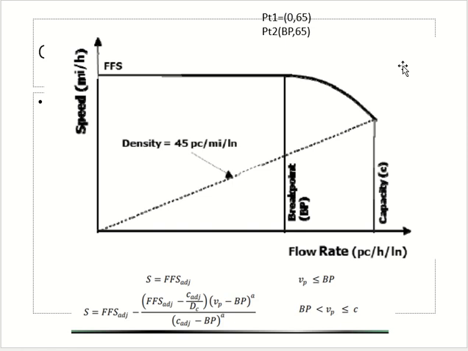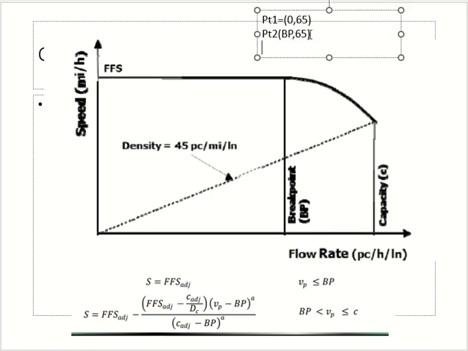Clear? Okay. So this VP is the X value from the graph. On this point, the X equals capacity. So that's why I'm putting VP as capacity. Clear? Okay, I'll not call it point 3. I'll call it point C. So what are the coordinates of point C?